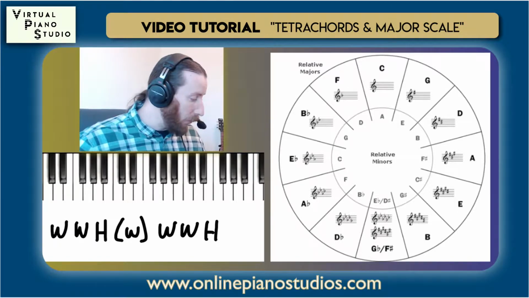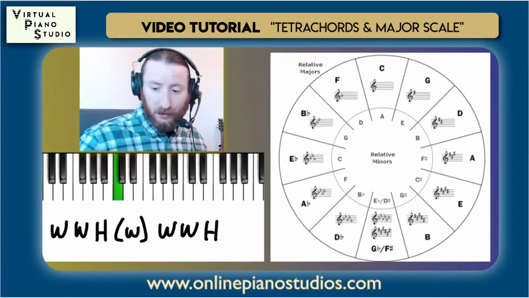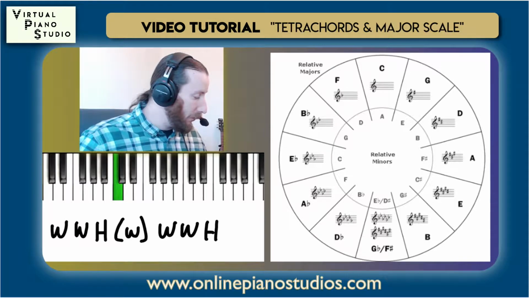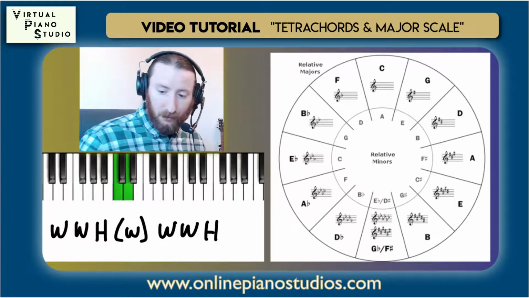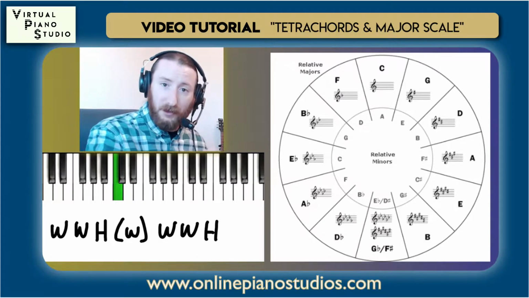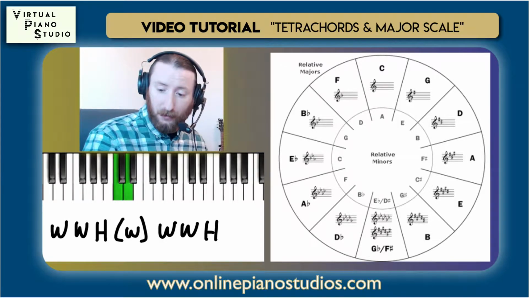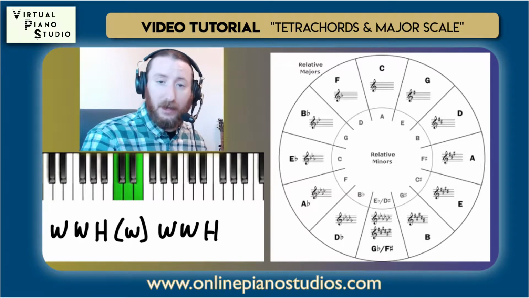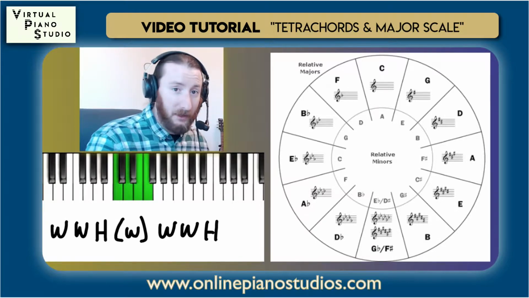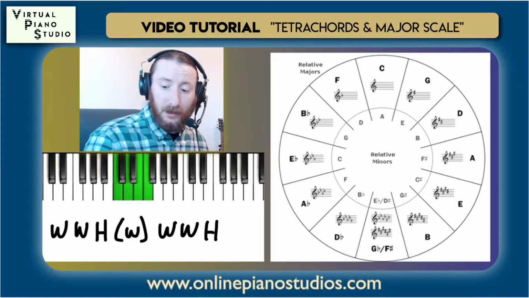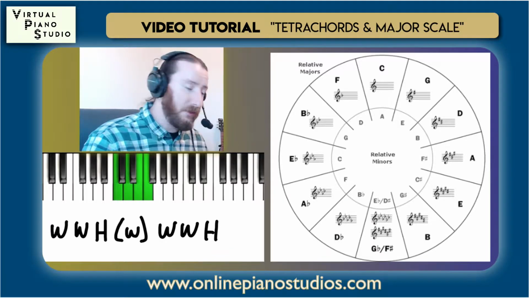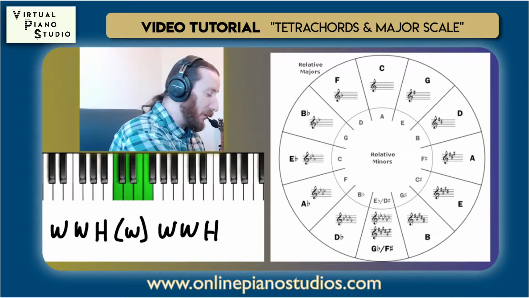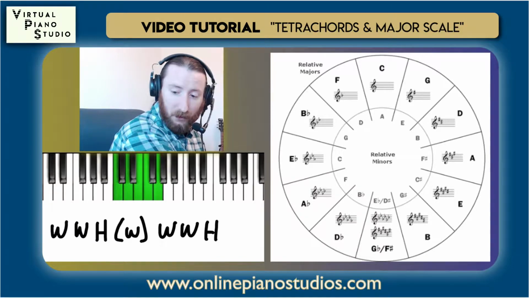So, WWH, if we start on C as an example: up a whole step, up a whole step, up a half step. Starting note, whole step, whole step, half step. That is one tetrachord, okay? And then the W that's in parentheses is the separation between the fourth and the fifth note.